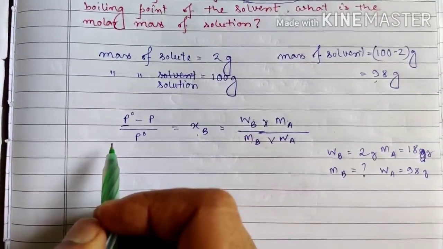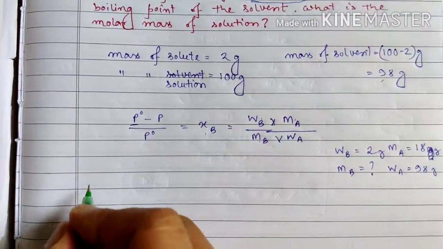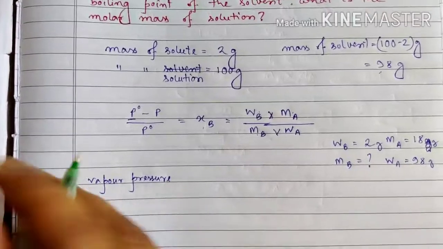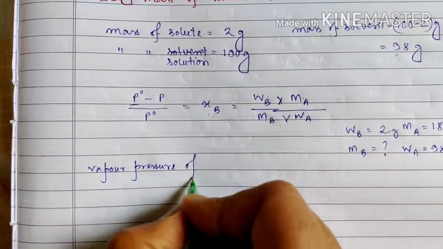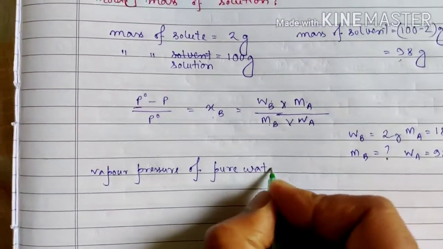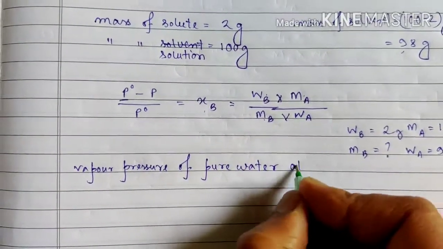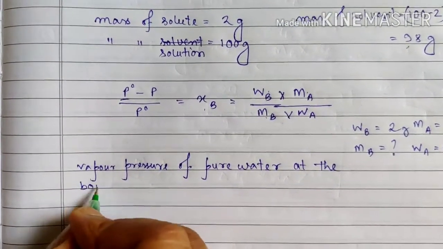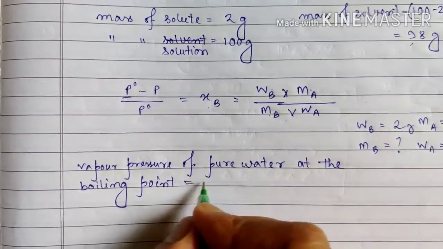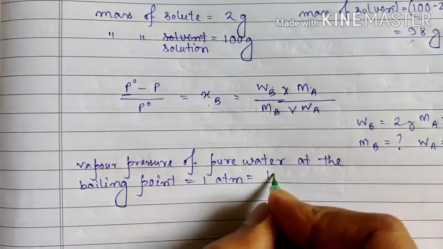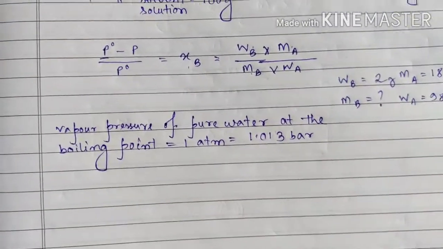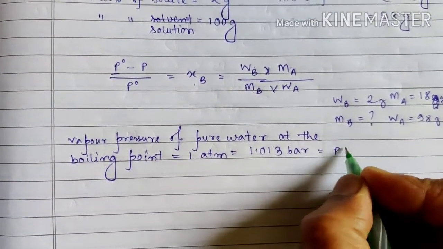So we should mention it over here that the vapor pressure of pure water at the boiling point is equal to 1 atm, which is equal to 1.013 bar, right? So that is equal to P0.